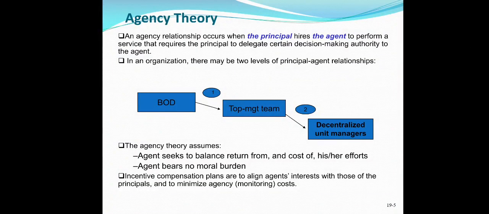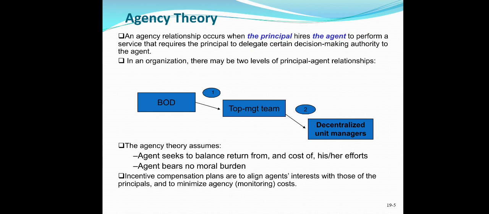The thing is like this: in a modern business organization, particularly in a business listed on the stock exchange, the business is owned by shareholders.